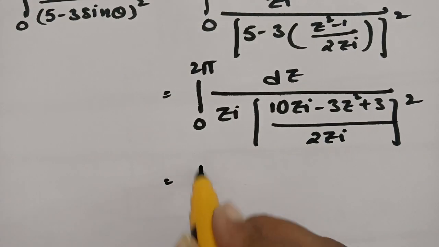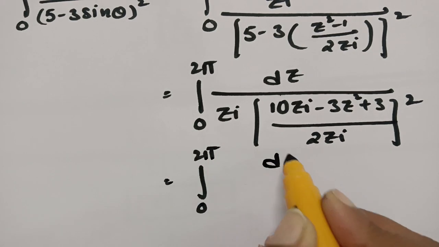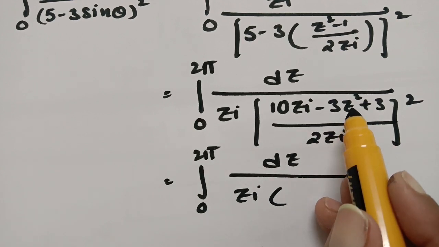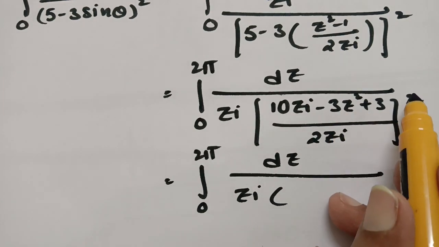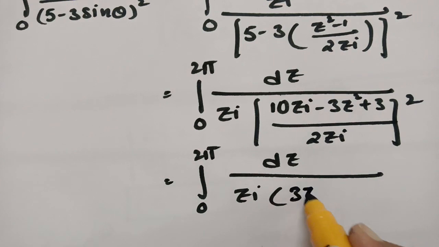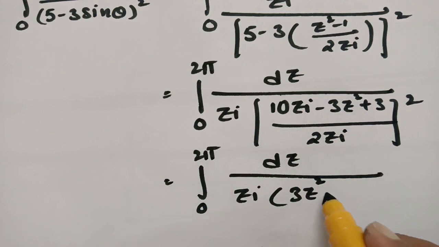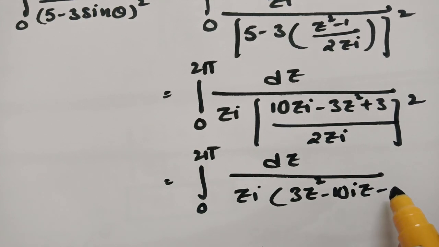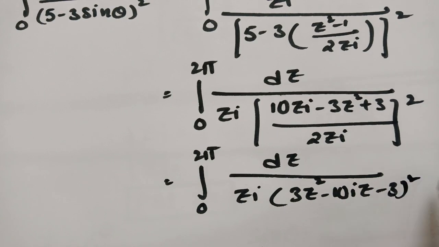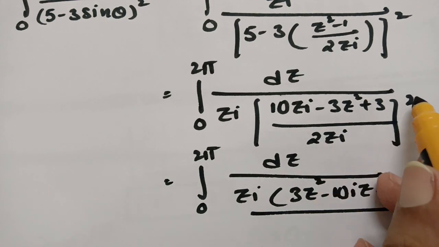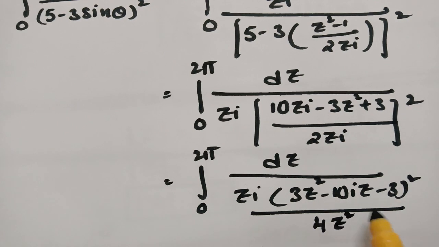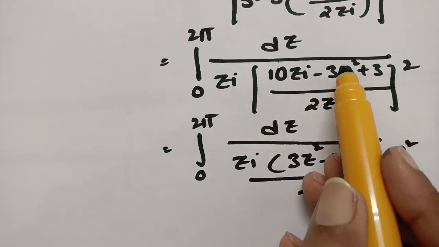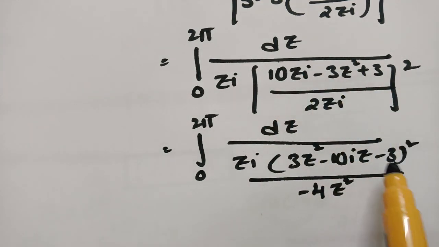And this will become the integral of dz by zi into, if I take minus common from this, minus 1 square is plus, so (3z square minus 10i into z minus 3) whole square by 2 square, this is 4, z square, i square. Clear? If I take minus common from this, this will be plus and the remaining 2 will be minus.